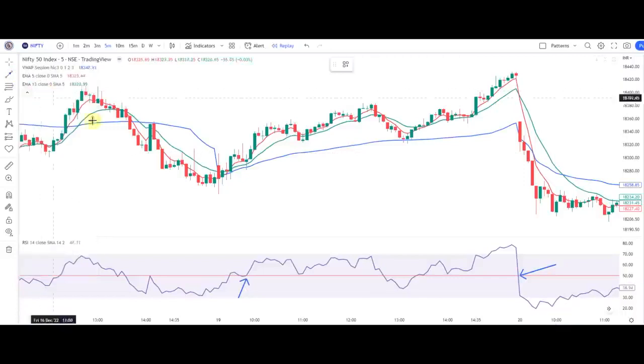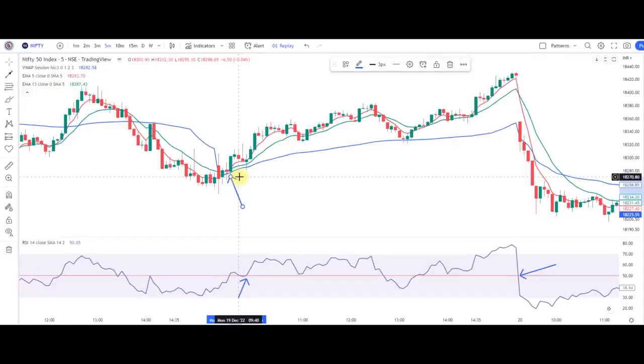In our strategy, the 5 EMA is the fast moving average and the 13 EMA is the slower moving average. So here we are getting the 5 and 13 EMA bullish crossover. EMA crossovers are helpful in identifying when a trend might be emerging and when the trend might be ending.